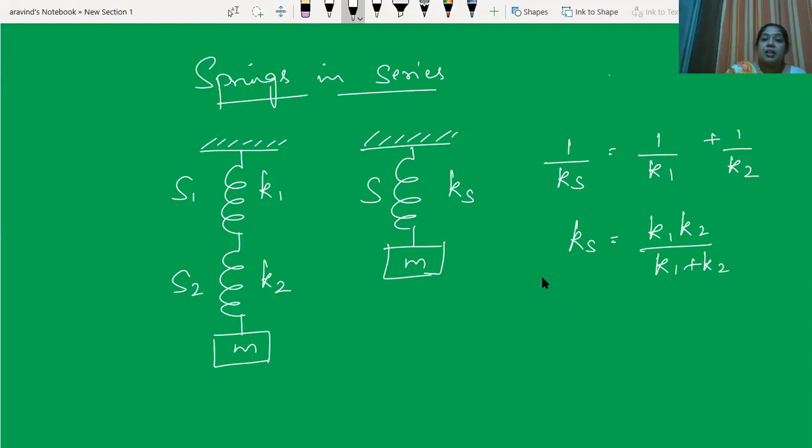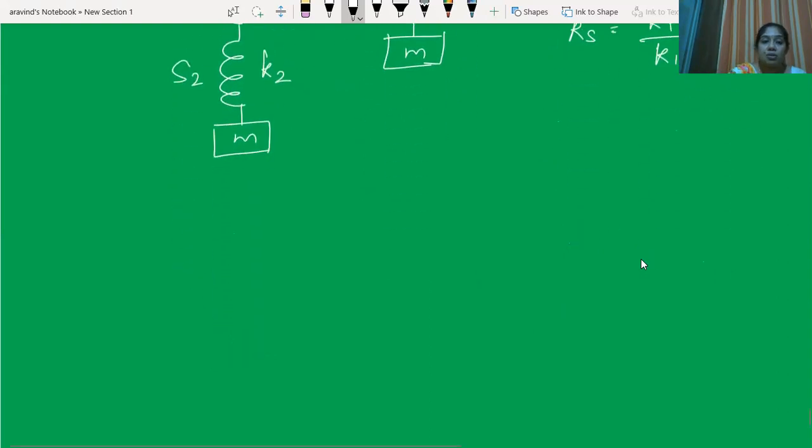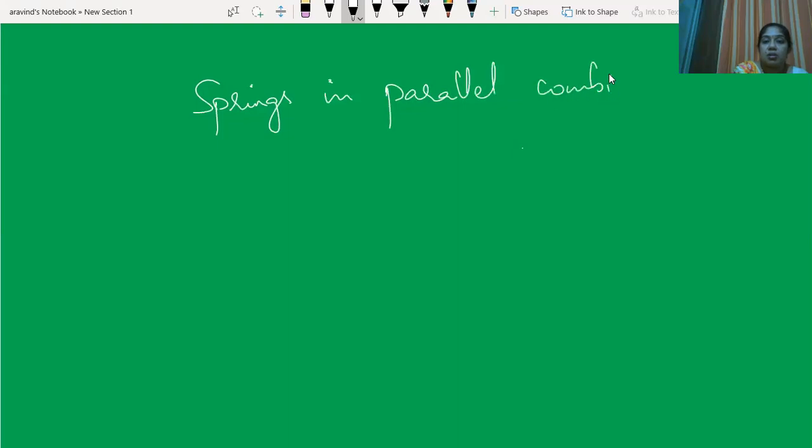This is like the capacitors in series combination. Suppose we come across a problem where we have to deal with many springs connected in series and parallel combination, we can always find an effective spring constant. We can replace the n number of springs by an equivalent spring. Also, we'll be doing another derivation similar to this when springs are connected in parallel combination. Suppose we have to deal with a problem where 3-4 springs are connected in parallel, we can replace them by a single spring.